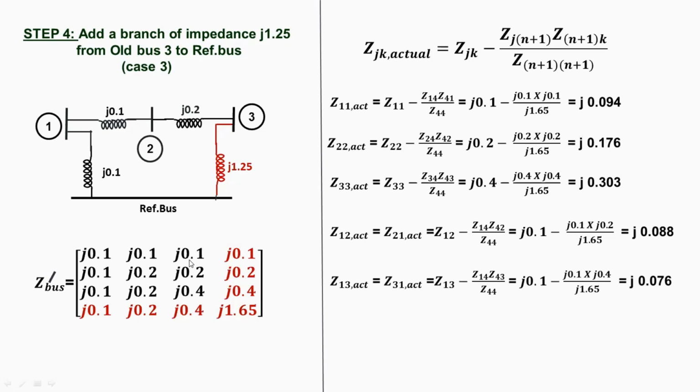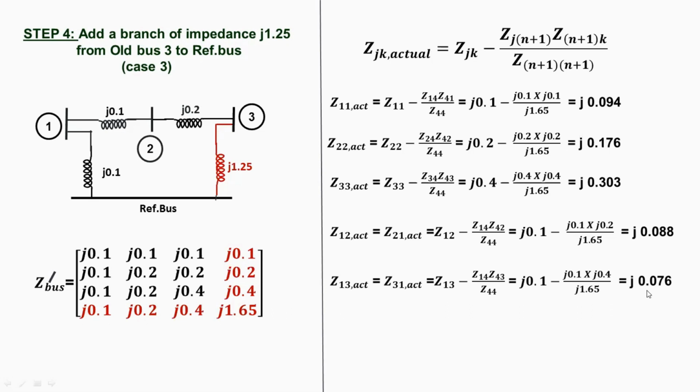The next off-diagonal element, Z13 actual. Z13 actual is equal to Z31 actual. That is equal to Z13 old, that is j0.1, minus Z14, j0.1, Z43, j0.4, divided by Z44, j1.65.